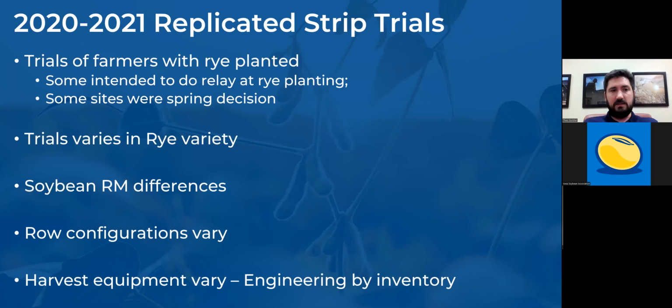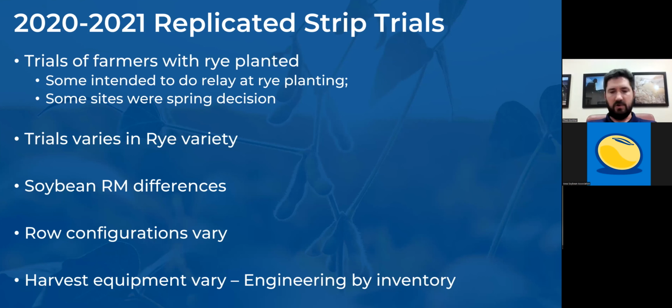So when you look at these previous years' replicated strip trials, some things to keep in mind. The baseline requirement is that you have some rye planted in your field in the fall. Some of the cooperators intended to do relay cropping when they planted that rye, and some sites were a springtime decision where people were kind of on the fence. They were like, oh, that's kind of cool, I'd like to understand it, I'd like to try it.